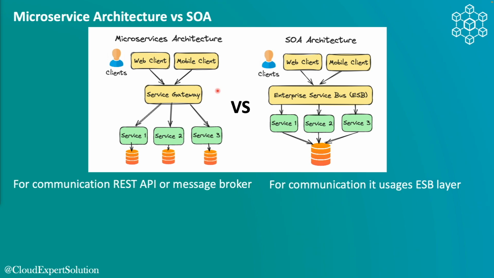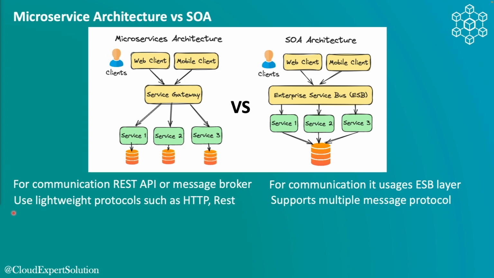For communication between different services in microservice architecture, we can use either REST API or a message broker, whereas for SOA architecture, for communication, we are using ESB layers. For microservice architecture, we use lightweight protocols such as the HTTP REST protocol, whereas SOA architecture supports multiple message protocols.